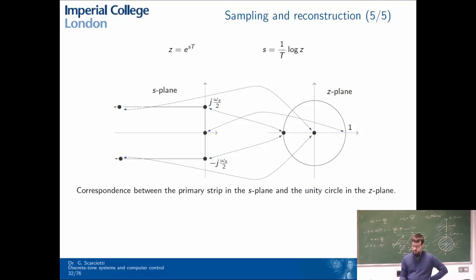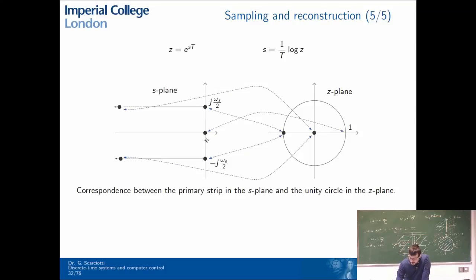So when we compute the exponential of sigma T, that will be the exponential of 0, that is actually 1. And then the phase of this obviously is 0, so the omega is 0. So when we compute e to the j omega T, that's again 1. So actually this point is mapped in the z-plane to the point equal to 1.